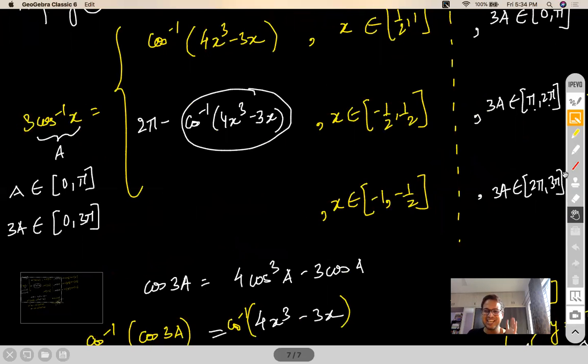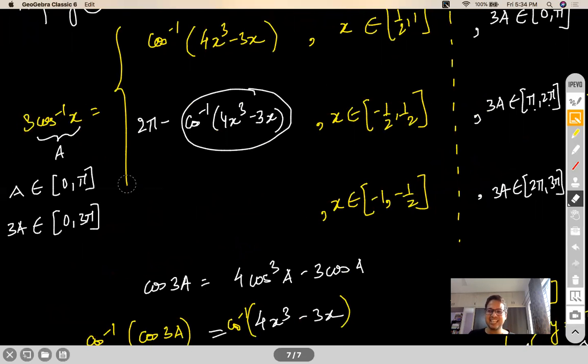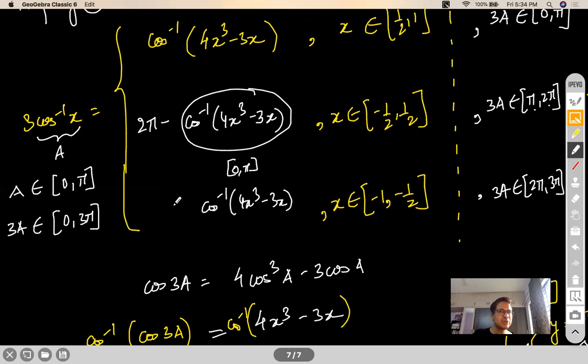Now try this shortcut and tell me. Now this time I have to use the same cos inverse of 4x cube minus 3x. Now what should I do such that my answer should come between 2 pi to 3 pi, because I know this is only between 0 to 2 pi. And whatever I'm going to do, it should either land me in the first quadrant or in the fourth quadrant.